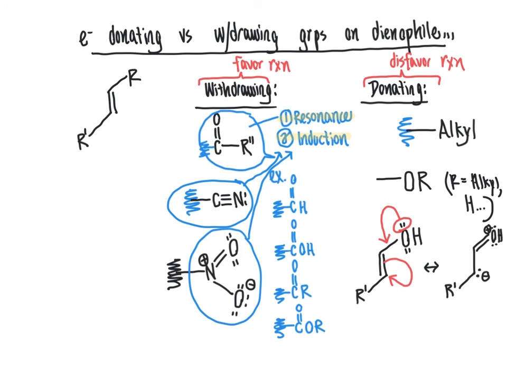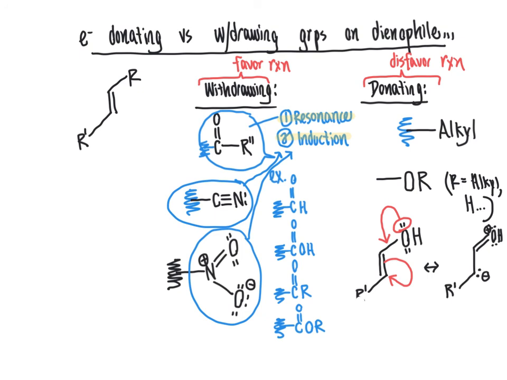And by resonance, the electrons start off on the oxygen, and they end up going toward the alkene group to make this resonance structure. So the net effect is that the oxygen atom here, in this context, is electron donating, because we can take that lone pair electrons and move them over, donating them by resonance. Therefore, when you have an oxygen directly connected to the alkene group, it makes that group electron donating in that context.